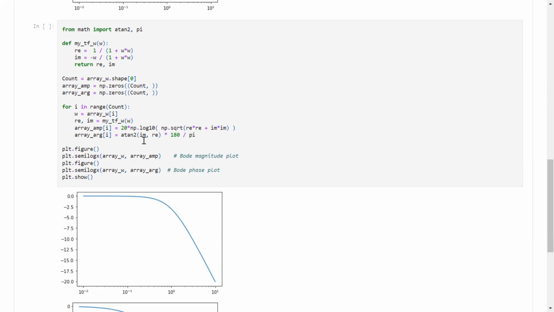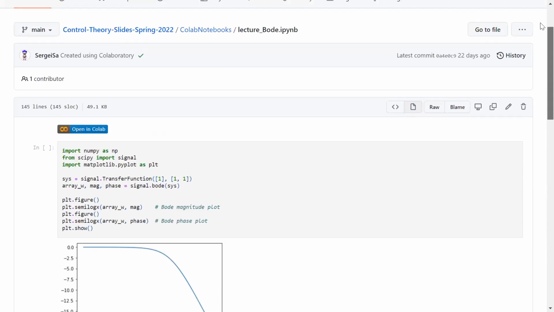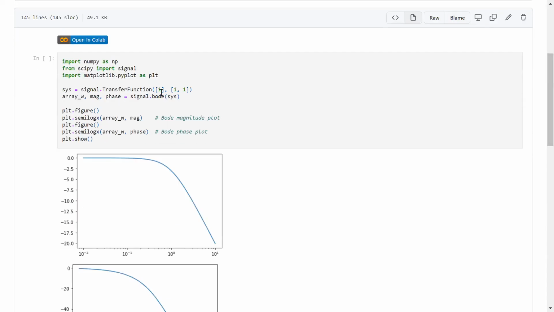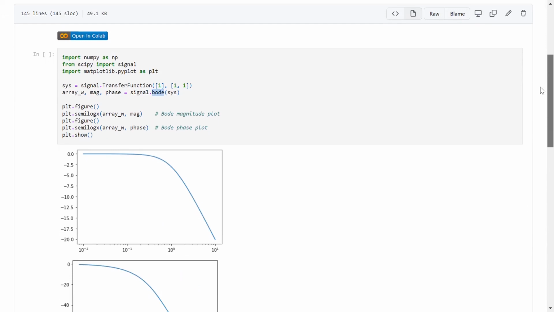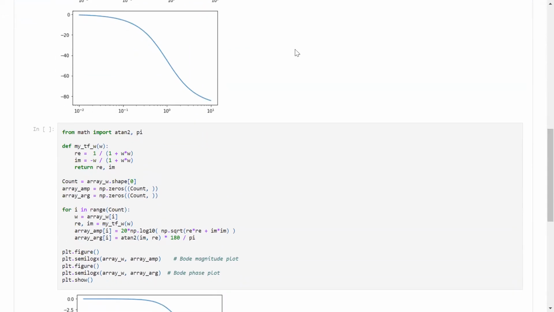This whole thing is arctangent 2, and we see exactly the same result. What I'm trying to say is that you don't have to just hope that some magical Bode from SciPy signal works. You can just do it by hand. It is very, very simple. But you would have to provide this stuff by yourself, so you have to derive it. This is from the lecture. All right, that is it.